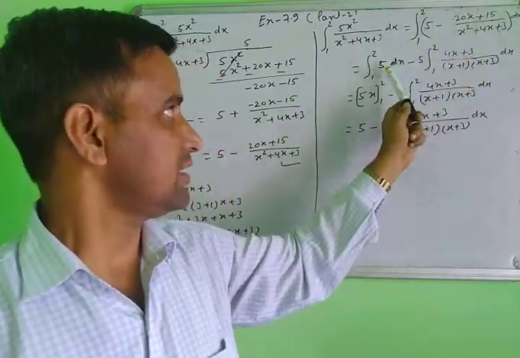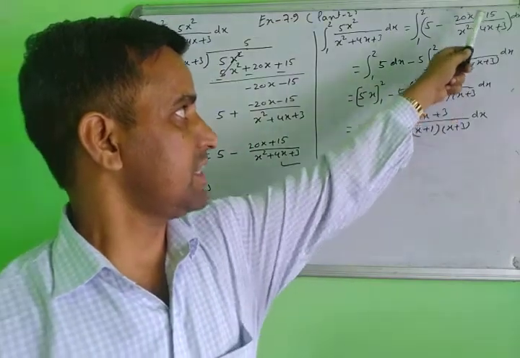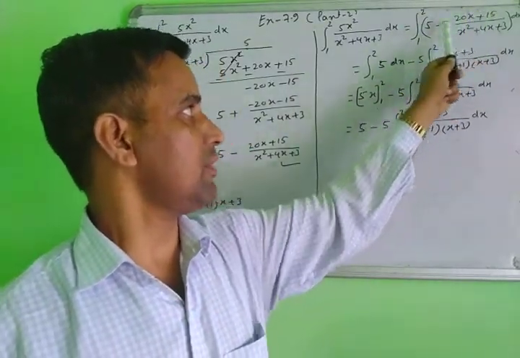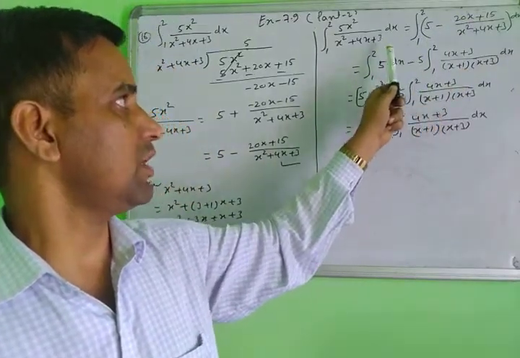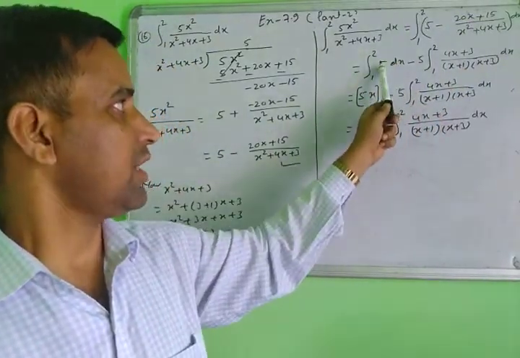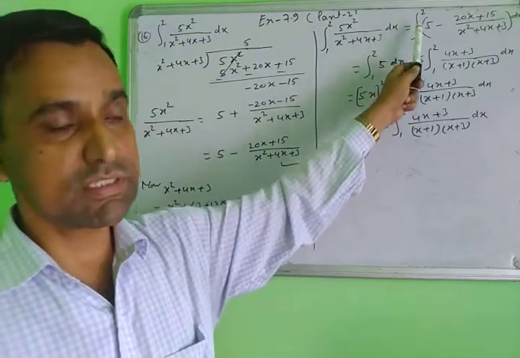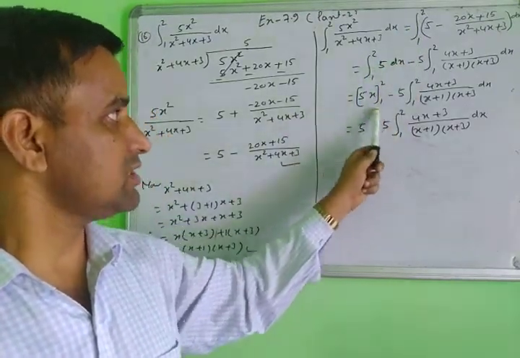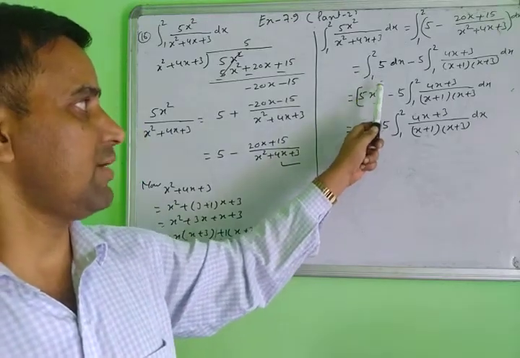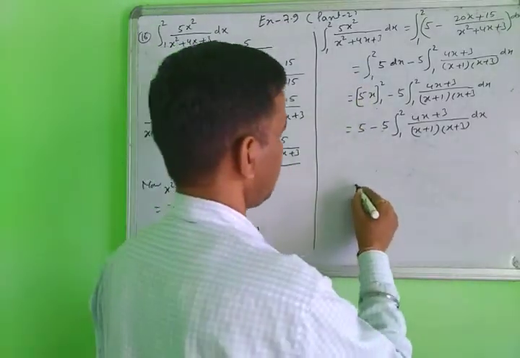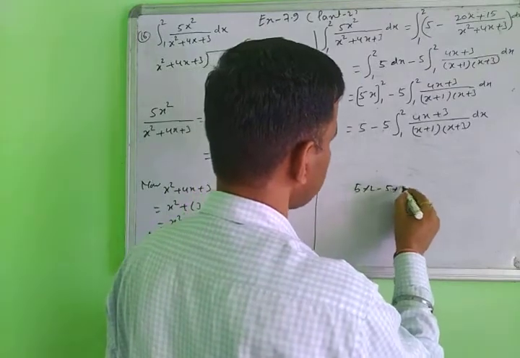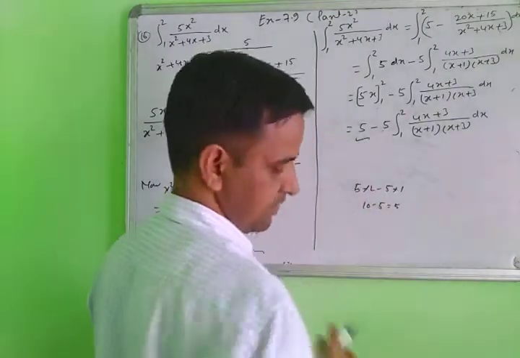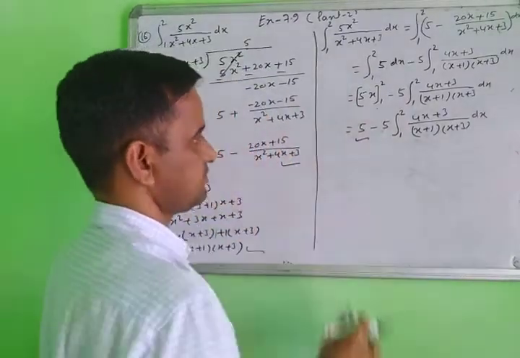The 5 is common here. You integrate this, and integration also segregates. When you use the limit on this portion, 5 times 2 minus 5 times 1, so 10 minus 5, the result here is 5. I have already written the 5 here.